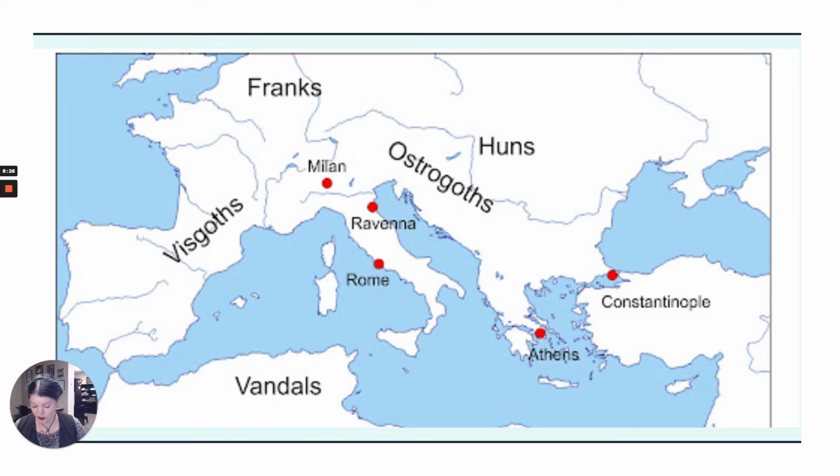Constantinople becomes the new Rome, and it reigns for 1,000 years of stability. So that's a pretty long-standing empire. The last emperor, Constantine the 11th, dies in 1453, and we'll talk about that a little bit later, but that's when the Ottoman Turks take over.